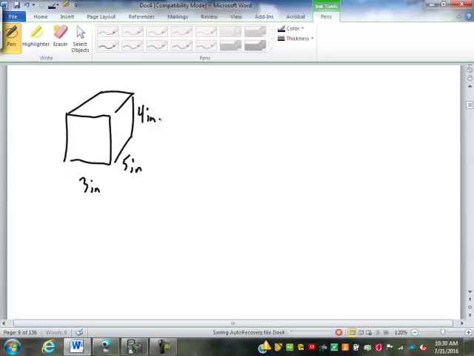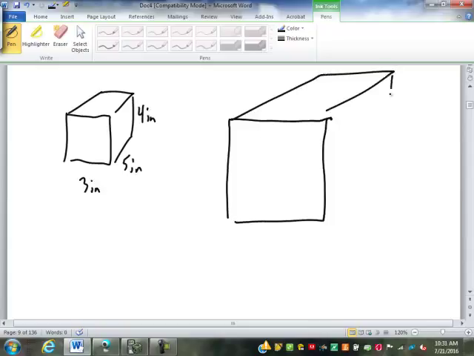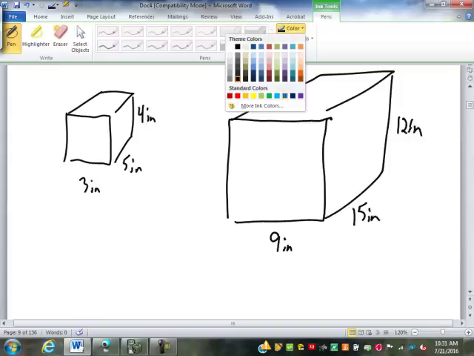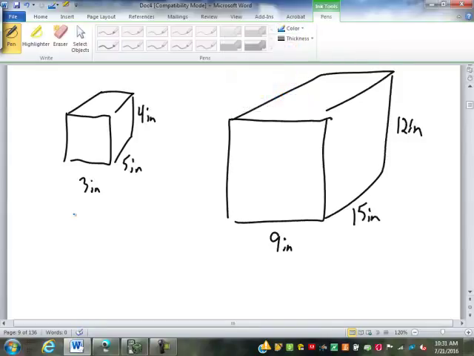Let's say I take a box, and I'm going to enlarge my box. So for this, what is my ratio of lengths?